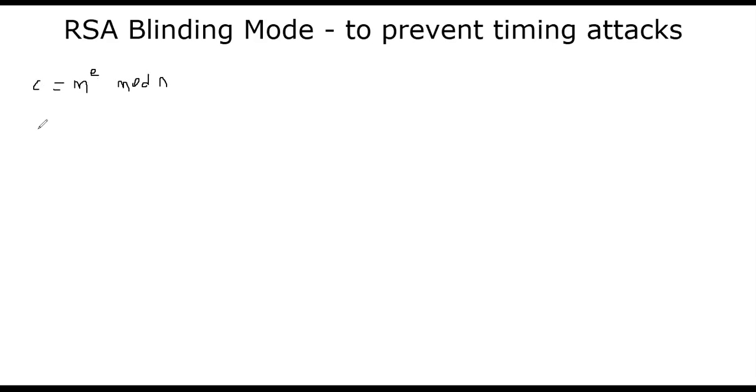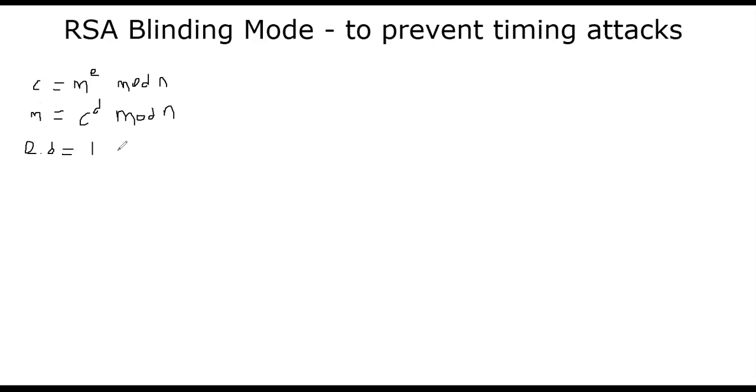How does the decryption work? The decryption takes the ciphertext C and raises it to the private exponent D, mod n also. We have discussed earlier that if E and D are properly chosen, you get M back. What I mean by properly chosen is that E times D is 1 mod either Euler's totient function or the lambda function.